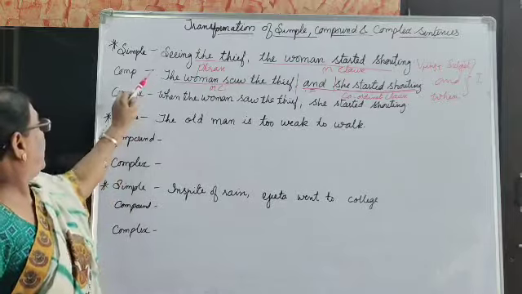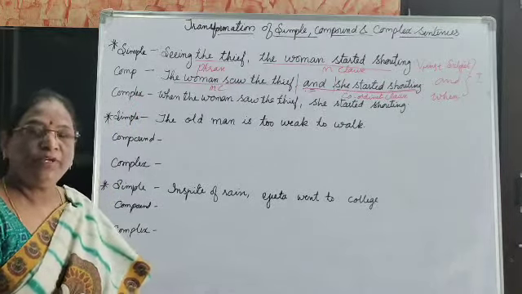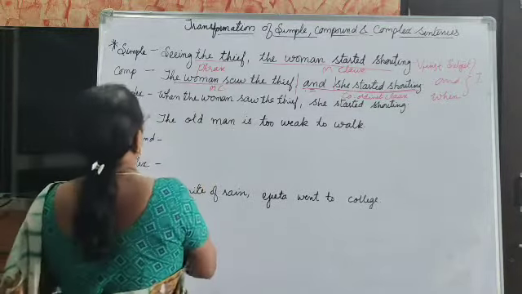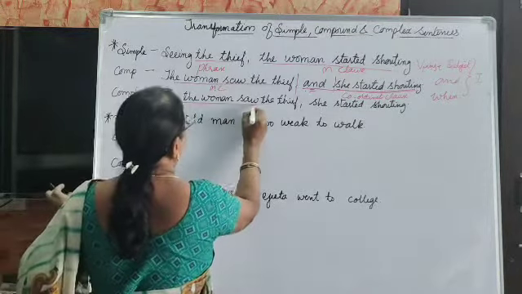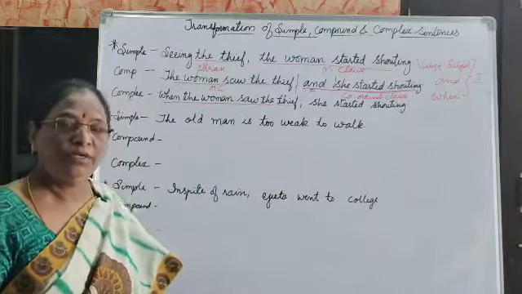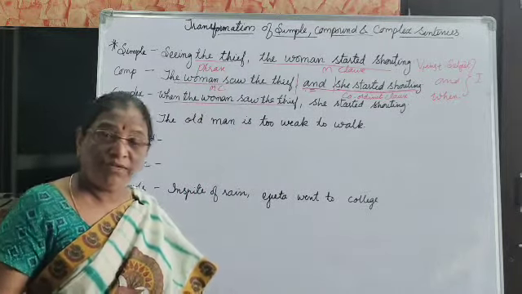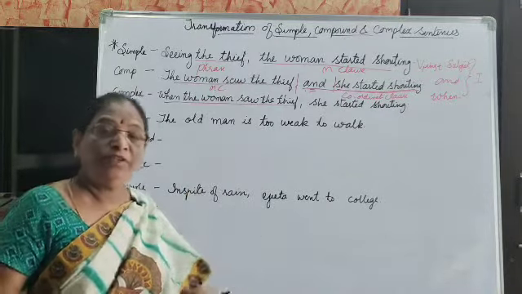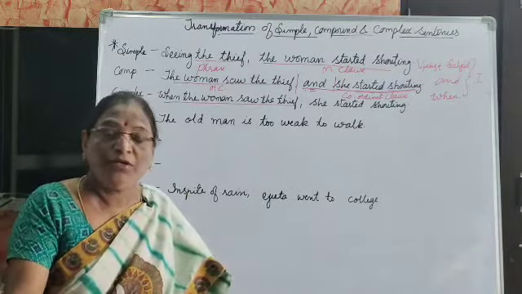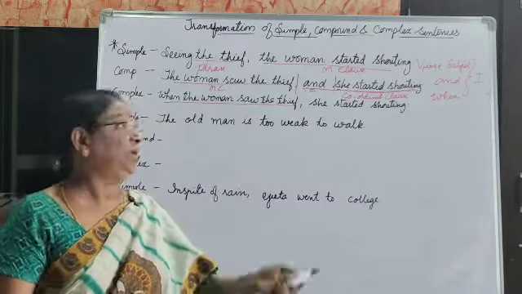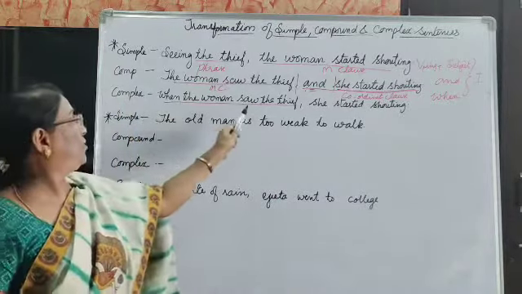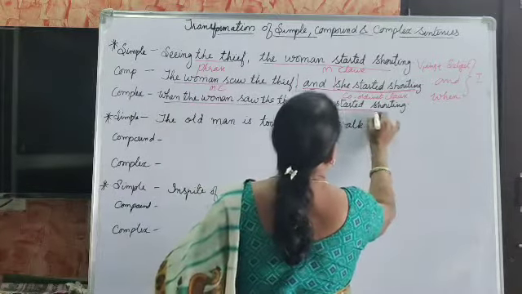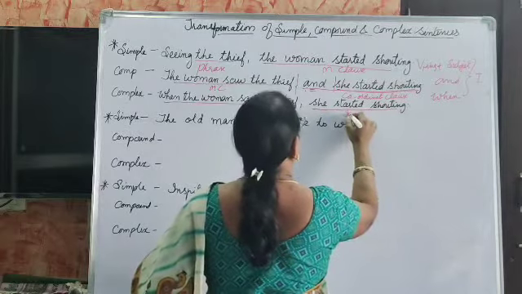Whereas in a complex sentence, one clause is independent and the other is dependent. When I read 'when the woman saw the thief', you are waiting for me to complete the sentence, isn't it? This is an incomplete sentence. When the woman saw the thief, what happened? You are waiting for the continuation. When the woman saw the thief, she started shouting.